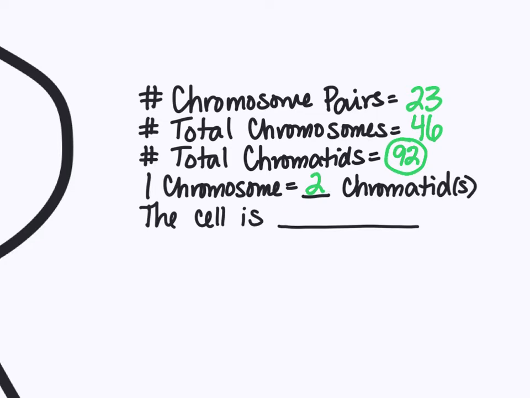Now, this cell is still diploid, and it's diploid because we still have paired chromosomes, and those paired chromosomes are the homologous chromosomes. So up until this point, mitosis and meiosis are exactly the same.